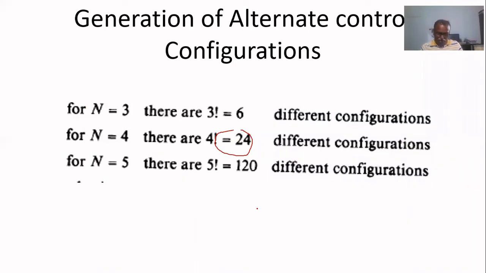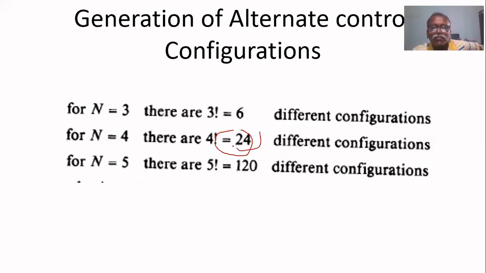There are 24 different configurations we can have. If n equals 3, meaning 3 process variables and 3 manipulated variables, then 6 possible combinations are there. If n equals 5, it is 5 factorial, so there are 120 different configurations.